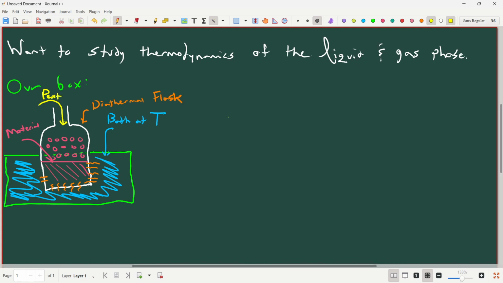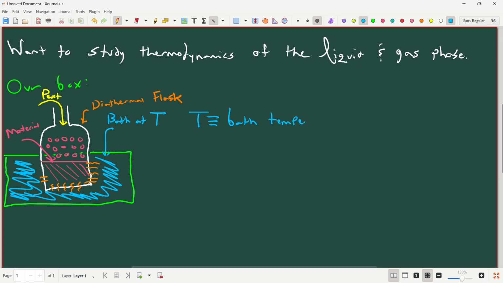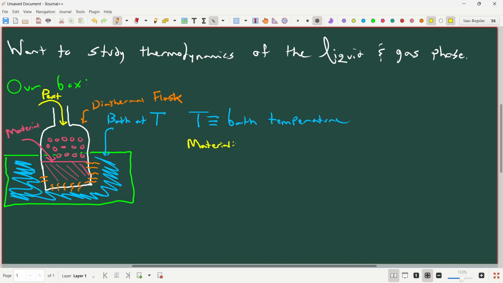So let's define a few things. T is our bath temperature. We'll just say, for instance, that our material is some gas, A, that is in equilibrium with its liquid.